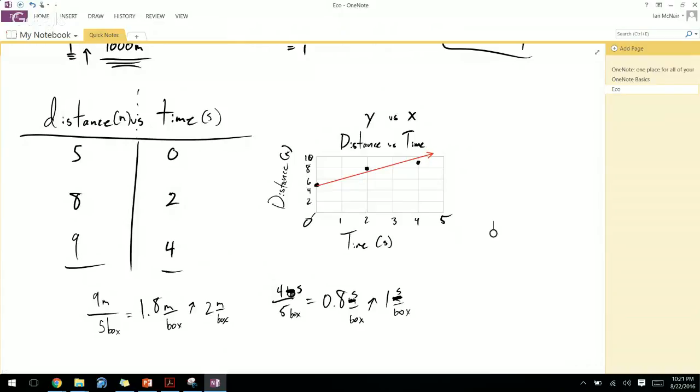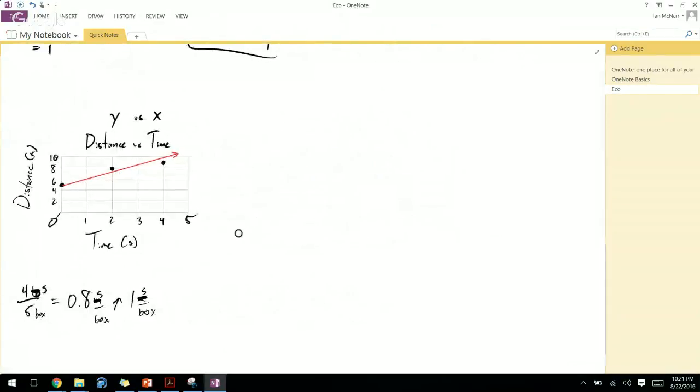So now I'm just going to talk about this graph and what this graph really means. So let's scoot over here. There's 4 main parts we're going to talk about.